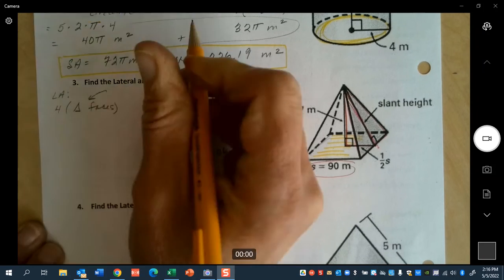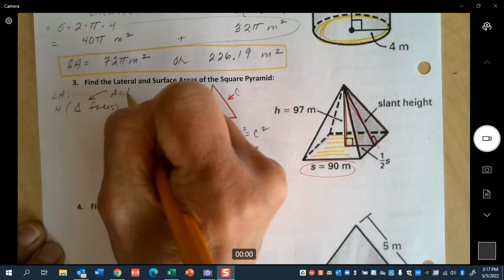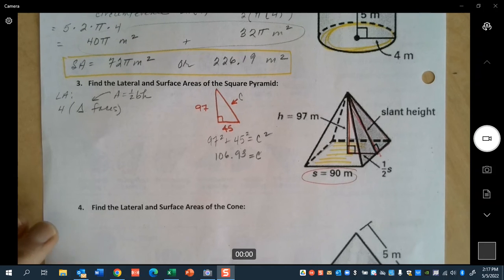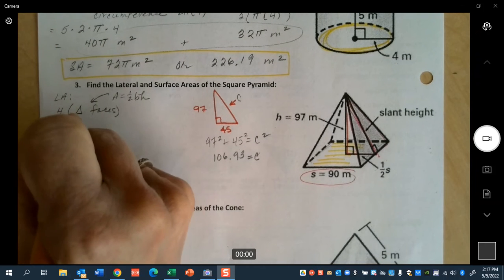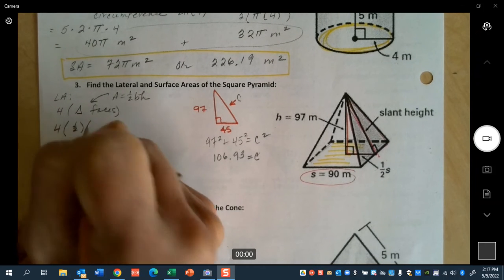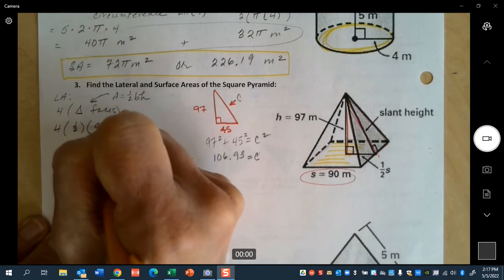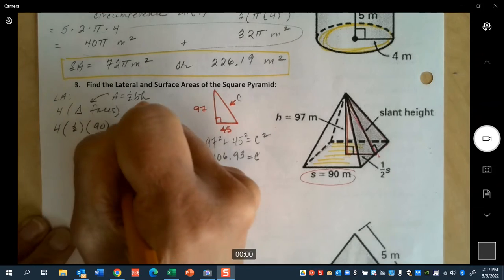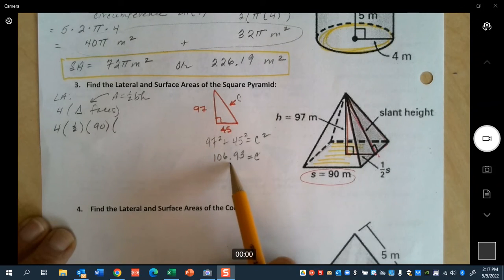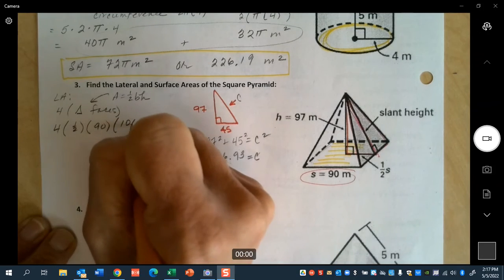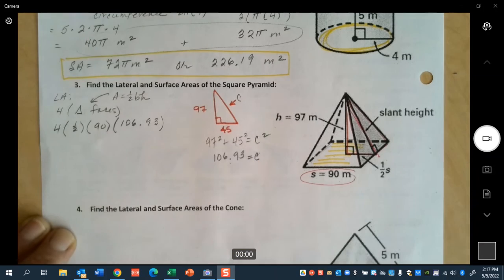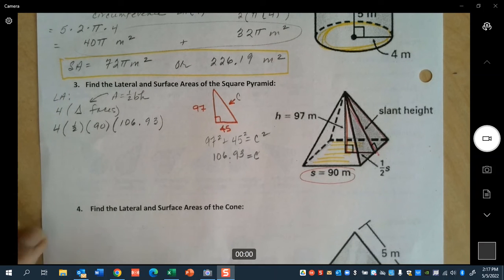And I know that my area of a triangle is equal to 1/2 times base times height. So that's going to be 4 of them times 1/2. My base is 90. And the height I just figured out of each of those faces is the slant height of the shape, the height of each of those faces.